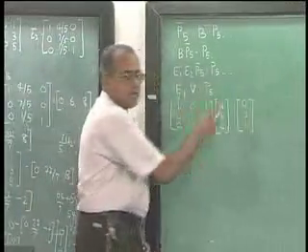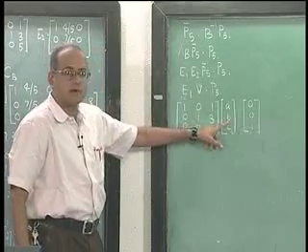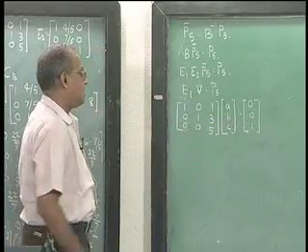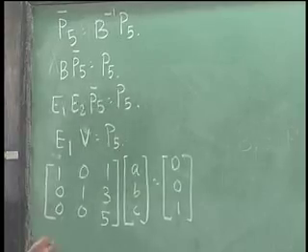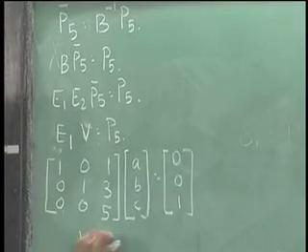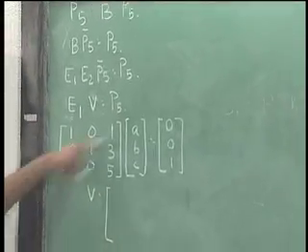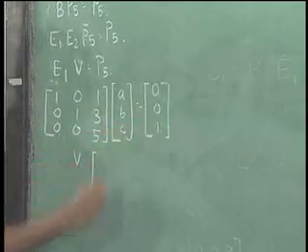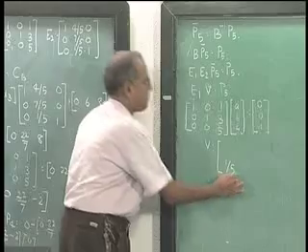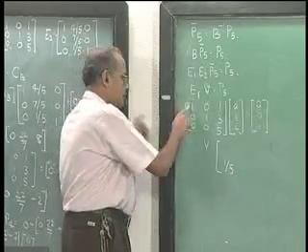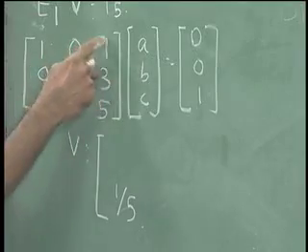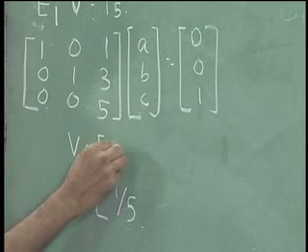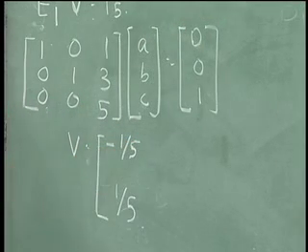Because of the nature of the eta matrix, it becomes easy to compute A, B and C. So, from this we can easily get, from the third one, 0 into A plus 0 into B plus 5 into C is equal to 1. So, C is 1 by 5. Now, 1 A plus 0 B plus 1 C equal to 0 would give us A equal to minus 1 by 5.